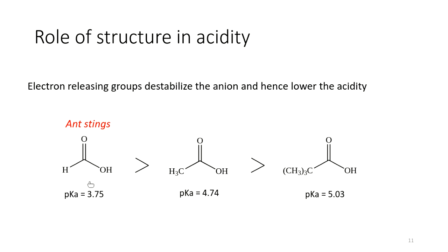It's formic acid that the ants are releasing, and we see it's strongly acidic, more acidic than acetic acid. So by manipulating the groups, we can manipulate the acidity, and so you can design acids for whatever purpose you need.